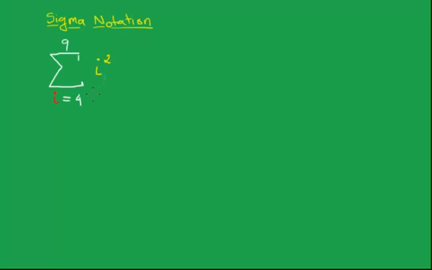Now we need to understand what it means. This i that you see here on the bottom is called the index of summation.